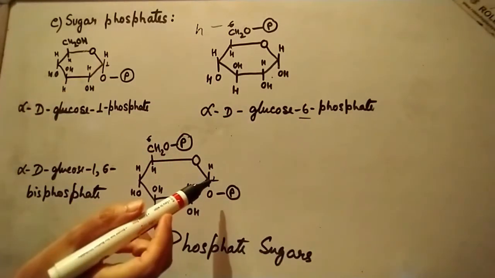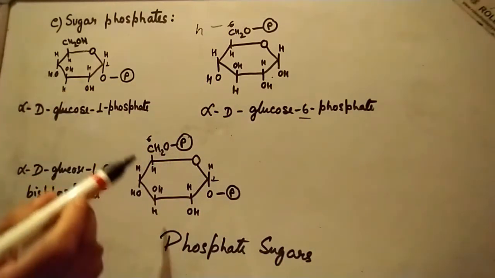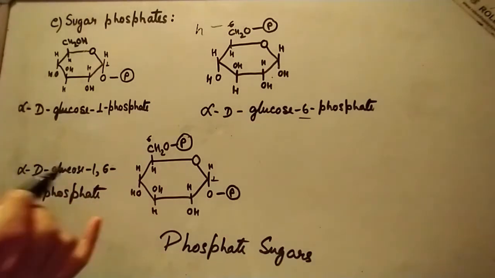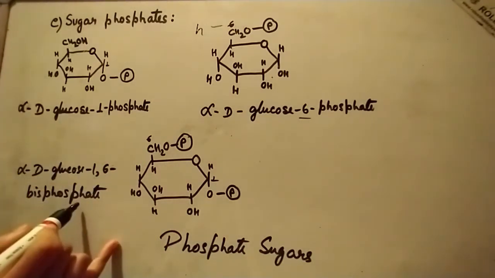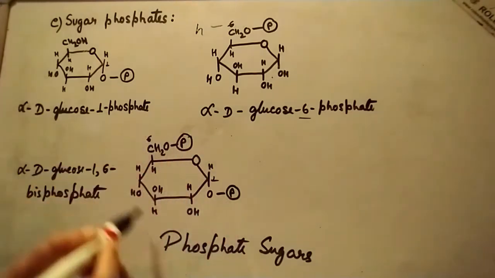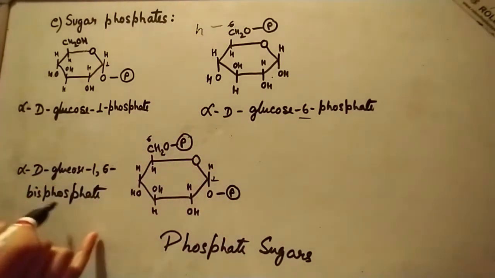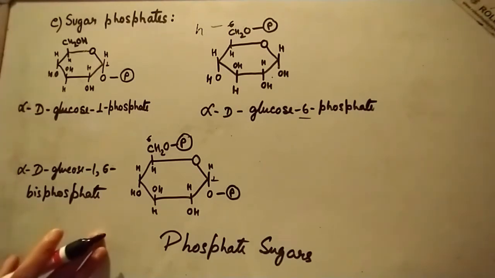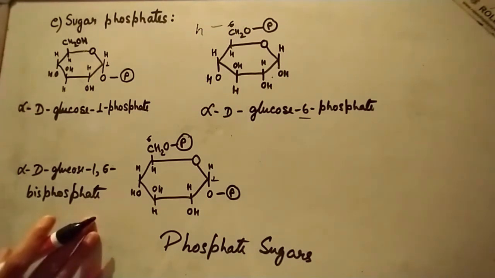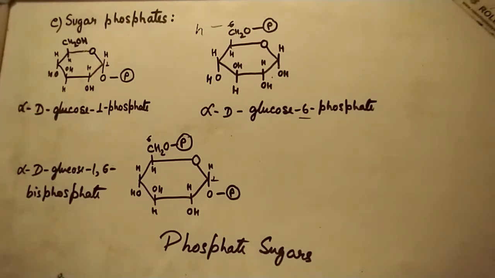When both carbon number 1 and carbon number 6 get phosphorylated, that molecule is named 1,6-bisphosphate. So this is glucose 1,6-bisphosphate. And we also have fructose 6-phosphate, ribose 5-phosphate, and so on. These are the sugar phosphate derivatives of monosaccharide molecules.